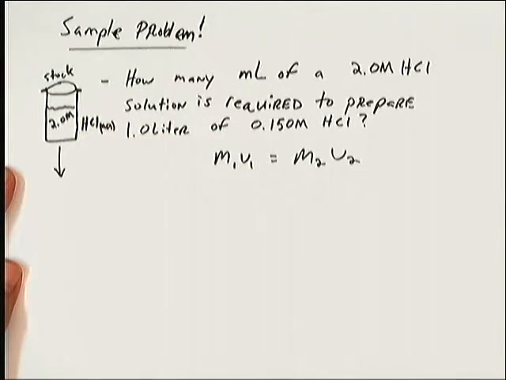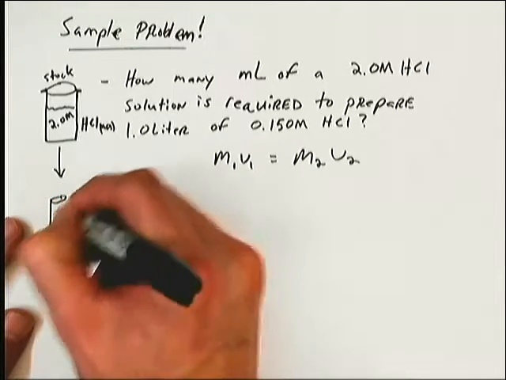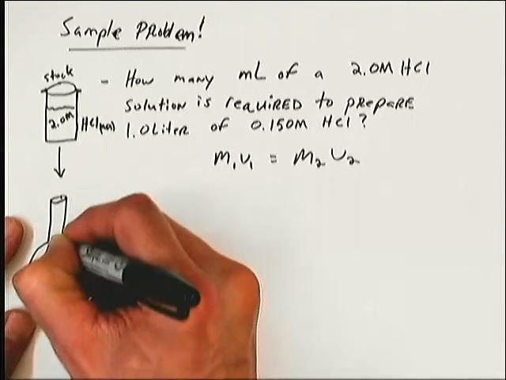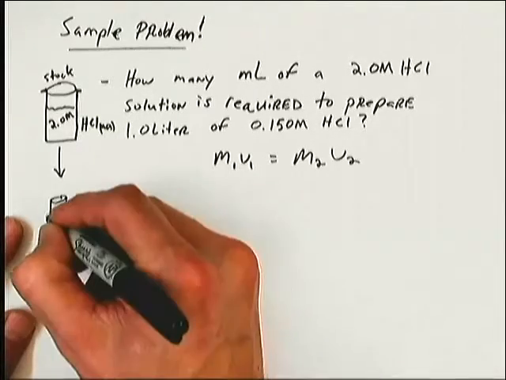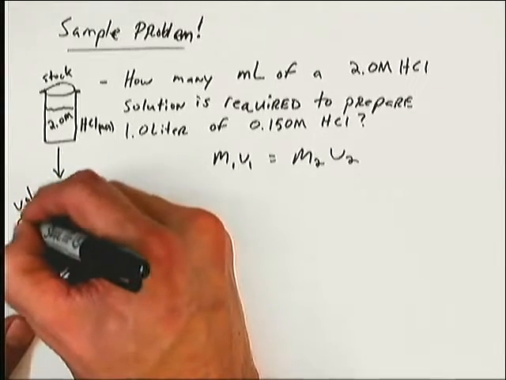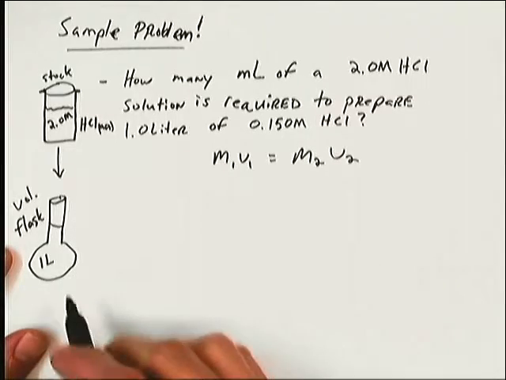And I want to take that 2 molar HCl and grab a nice 1 liter volumetric flask off the shelf in the lab. A nice big 1 liter volumetric flask. I want to be careful with that, don't want to break it because it's expensive.